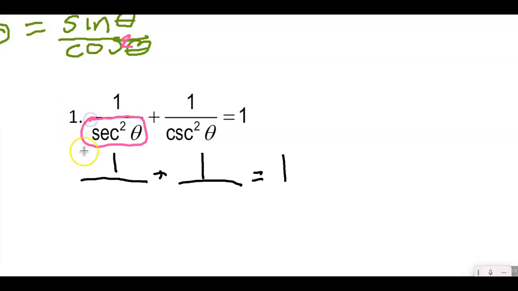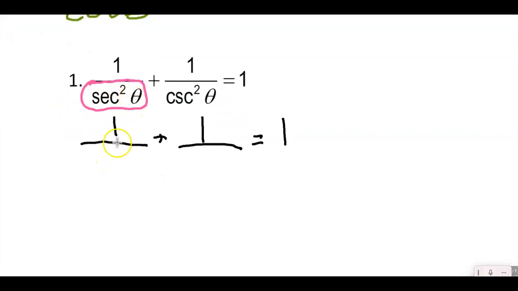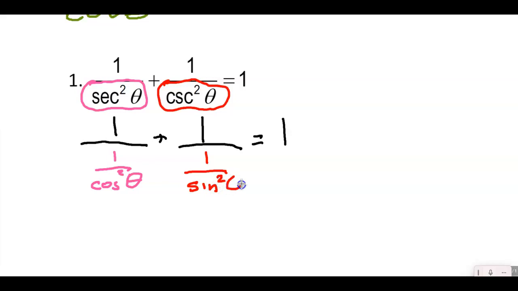This time it is theta. So secant squared simplifies to 1 over cosine squared theta. And same thing here. Cosecant squared simplifies to 1 over sine squared theta.